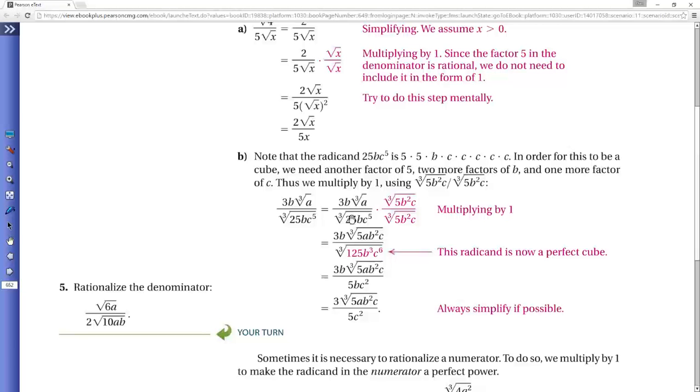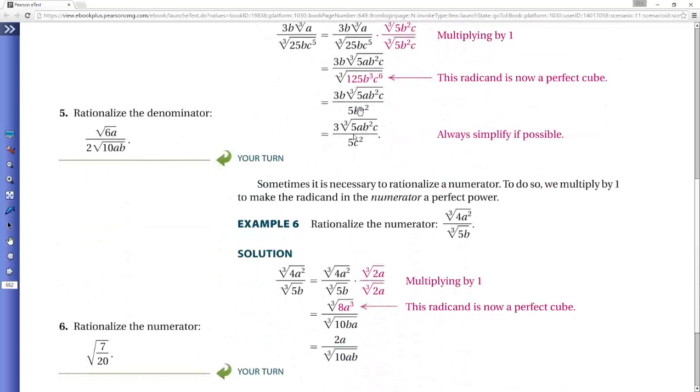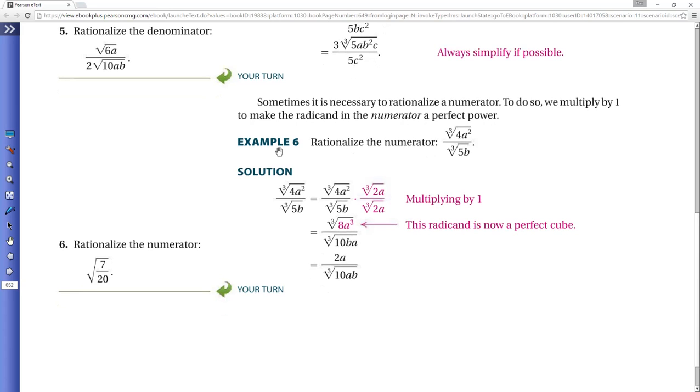This process here, a little bit more complicated example. In this case, they say rationalize the numerator here in example 6. So what that's saying is I need this cube root in the numerator to go away. I want a rational expression up here.